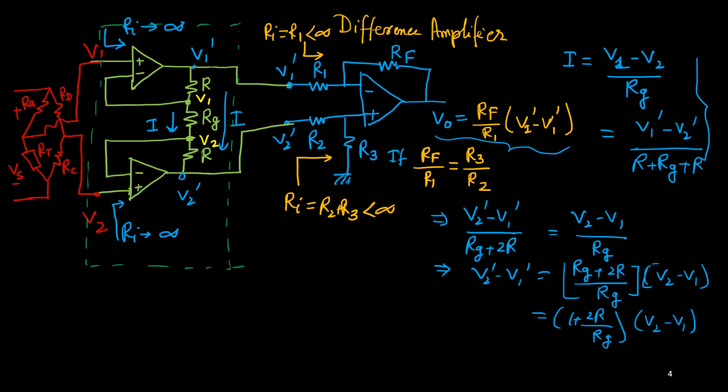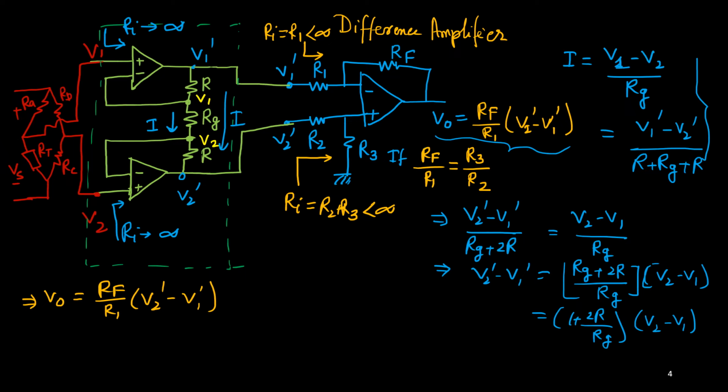The output voltage V0 is Rf upon R1, if I consider the difference amplifier is perfectly balanced, meaning Rf by R1 equals R3 by R2, it is maintained. The gain is Rf by R1 and it is V2 prime minus V1 prime.